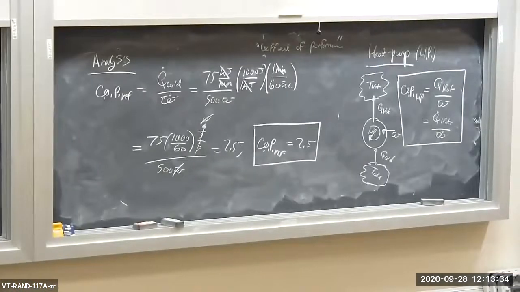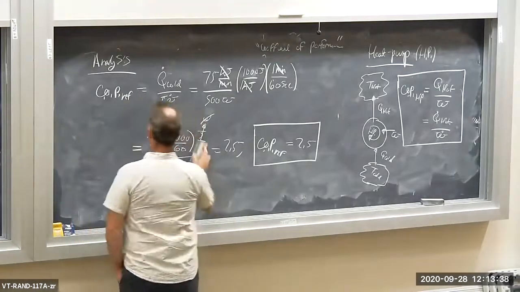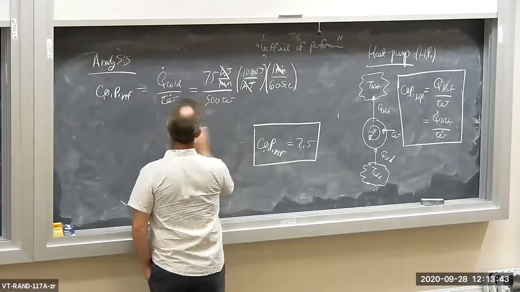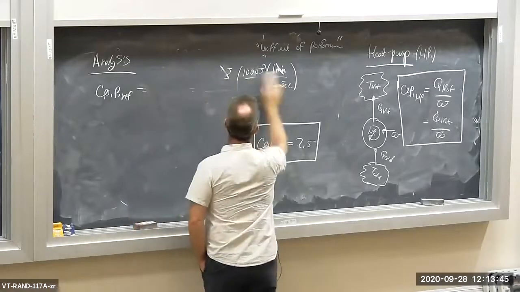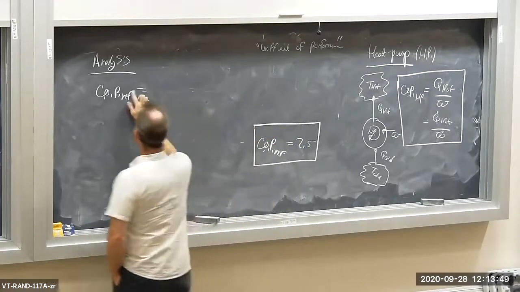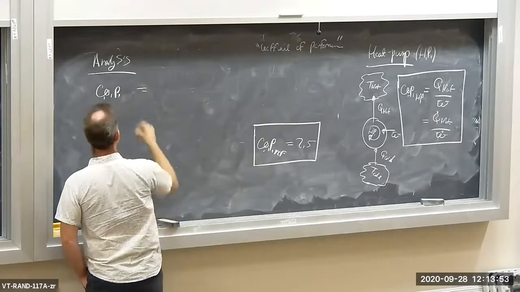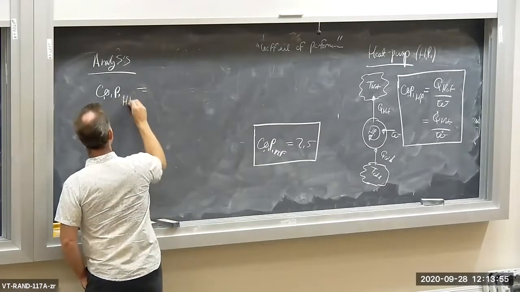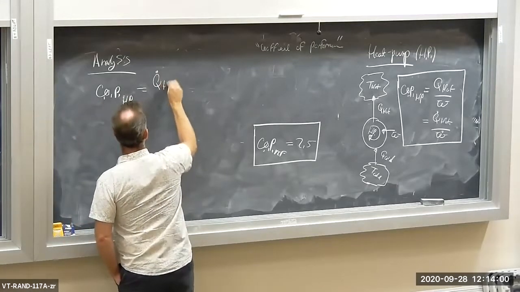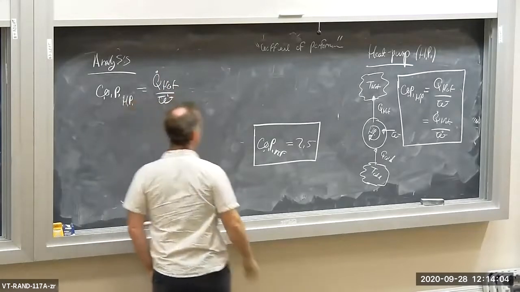Well, let's go back here. And now we're going to deal with this thing as a heat pump instead of a refrigerator. Heat pump. So that's going to be Q dot hot over the power input.